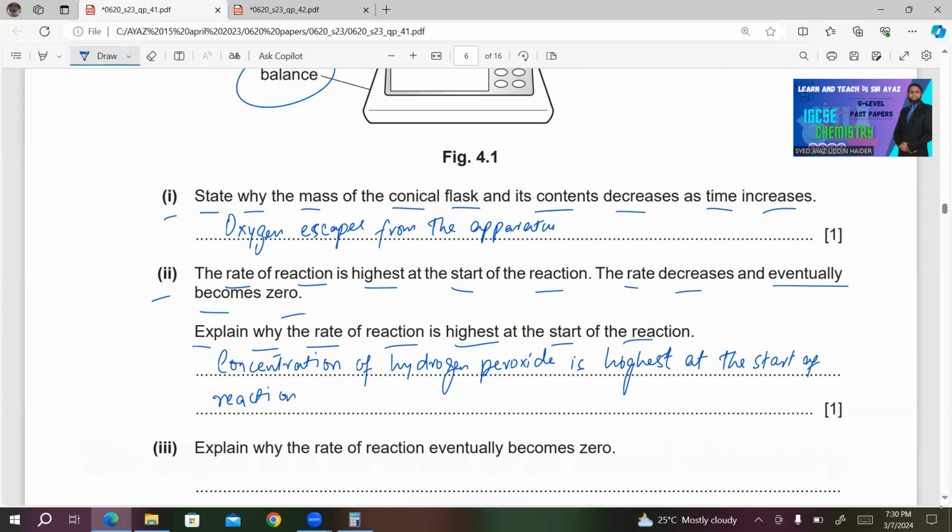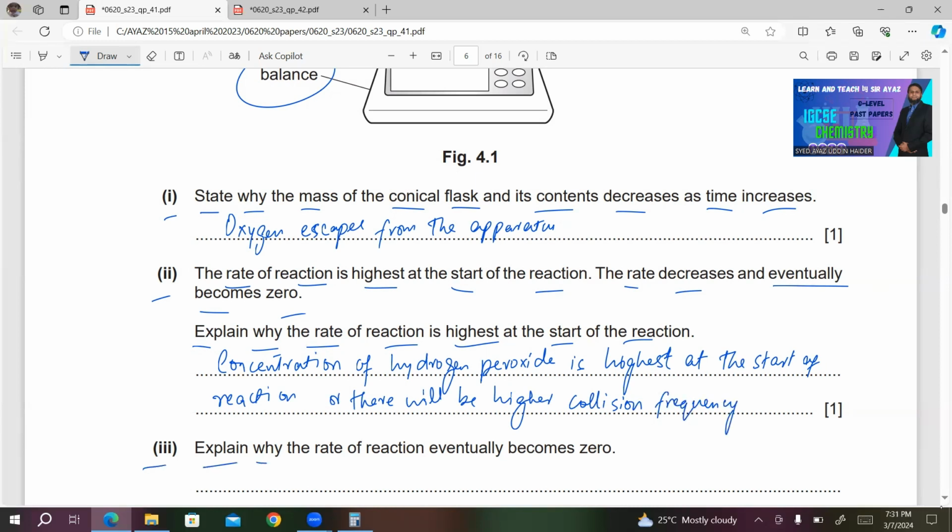Or you can even write there will be higher collision frequency at the start of the reaction.